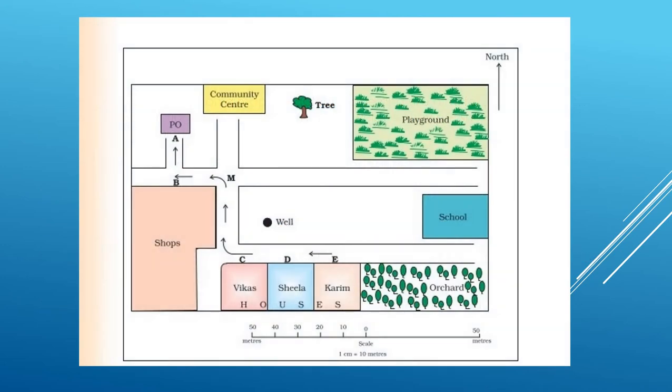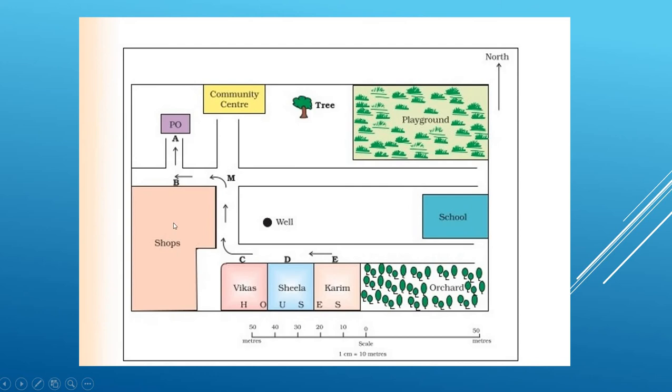So this is the diagram which I have taken from the NCERT textbook, and this is basically a map of a village. And regarding this diagram, there are some questions which have been asked, okay. Like we studied the component of direction, so it is asked here the direction of the community center from Vikas's house.